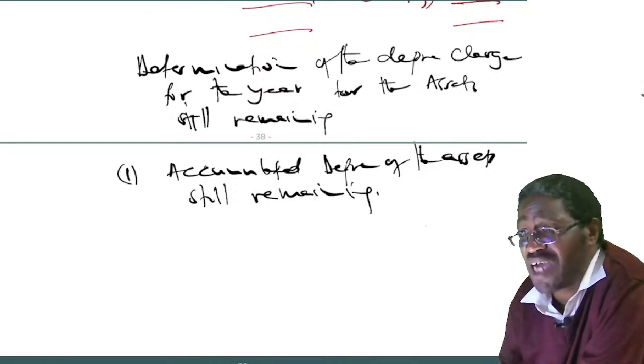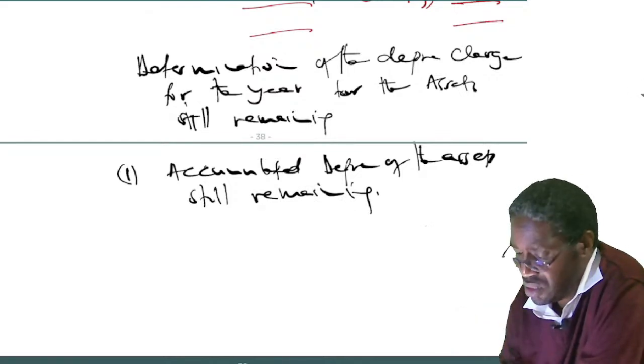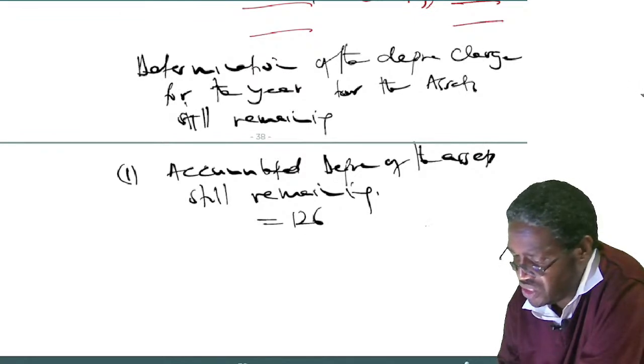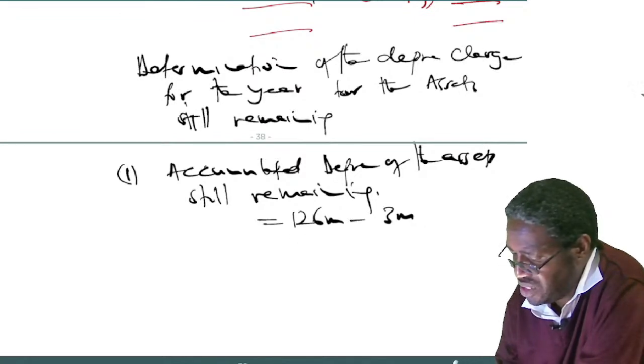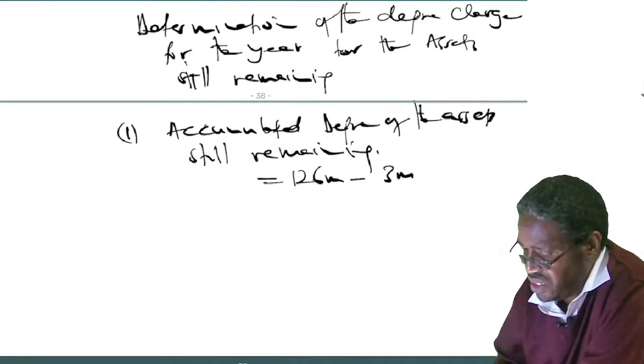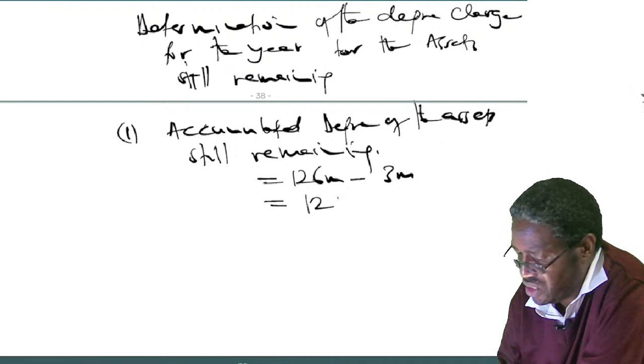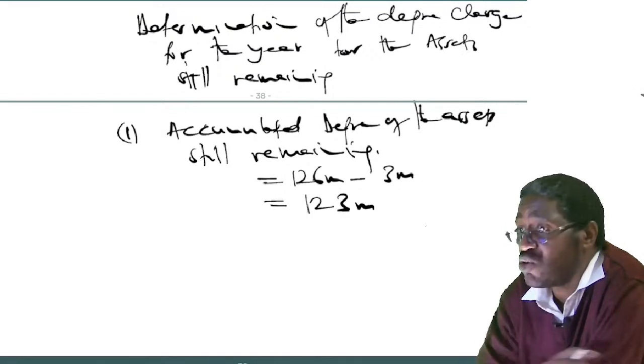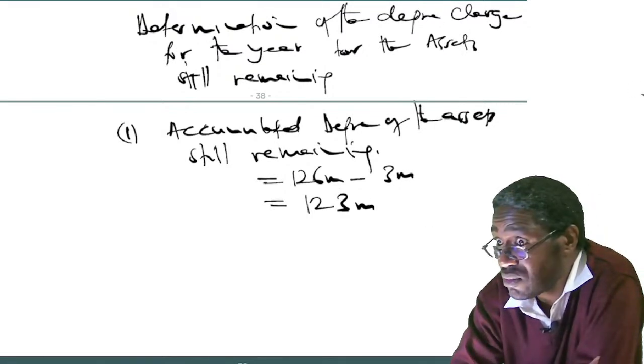Down there, take 126M minus 3M. That gives you 123M. Now you know the accumulated depreciation.